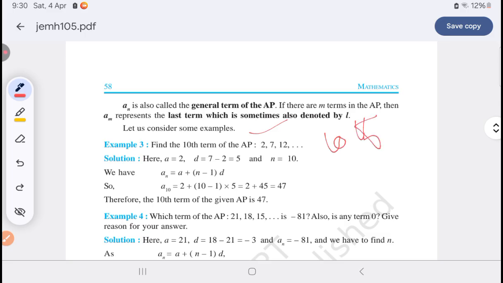You know A is equal to 2, the difference is 7 minus 2, which is 5, and n is equal to 10. So put these numbers in the formula: A10 equal to A plus n minus 1 d. You will get 47 as the 10th term of this series.